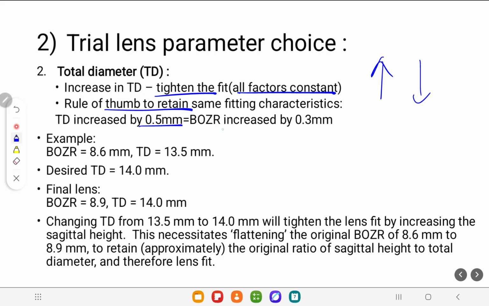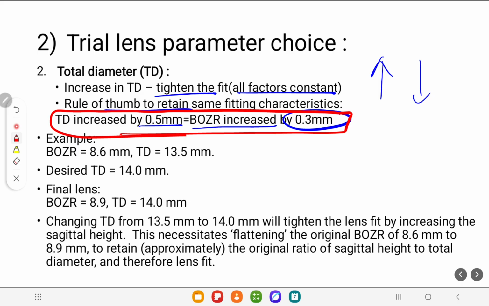That is equal to when BOZR increases, meaning we flatten the BOZR, by 0.3 mm. That's a really important rule of thumb. So when we increase the total diameter by 0.5 mm, we increase BOZR by 0.3 mm in the case of soft contact lenses. That's the rule of thumb, so that we will have the same fitting characteristics.